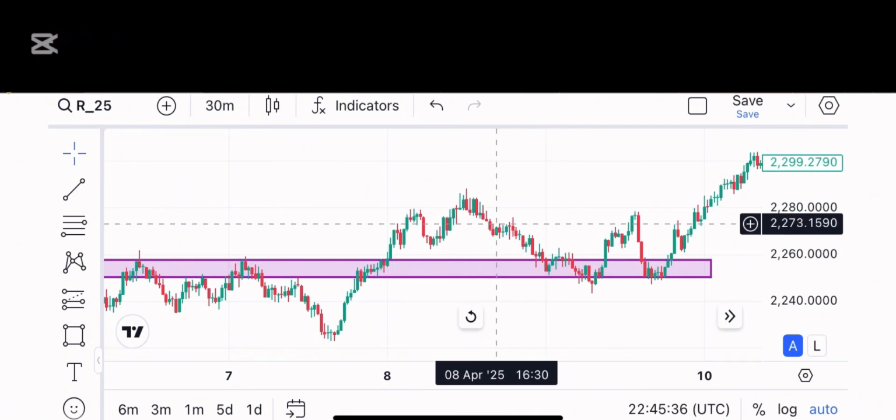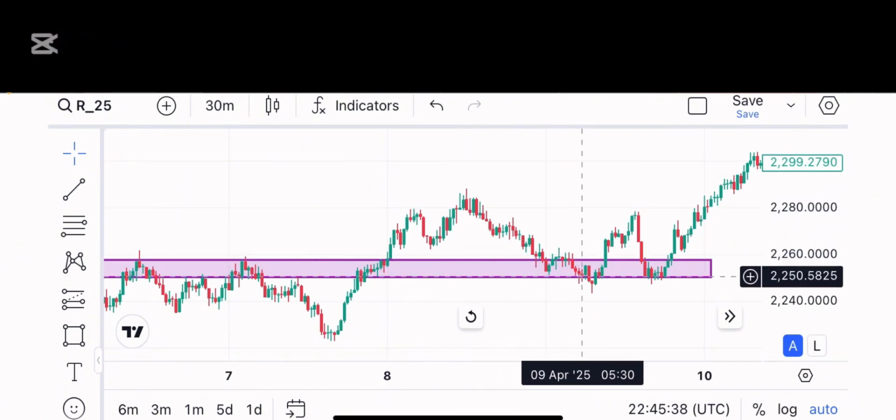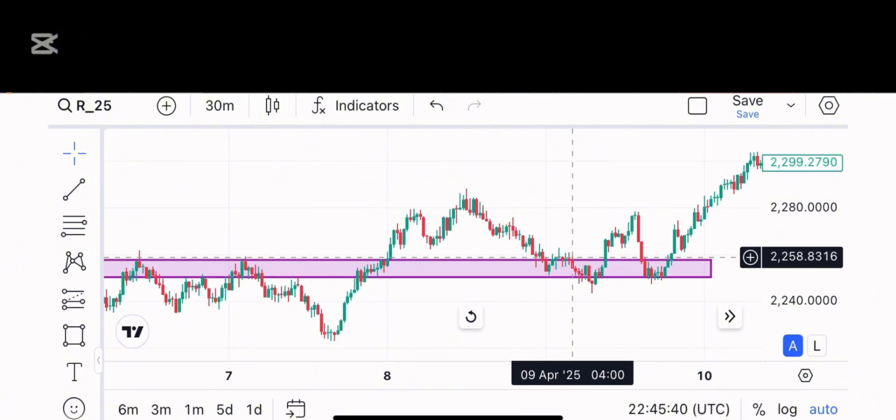In other words, the only thing holding this market from coming down is this resistance zone here that has become support. This is the only thing holding price, and let me tell you, my people, it's just not enough. What you need is the confluence of support and resistance.